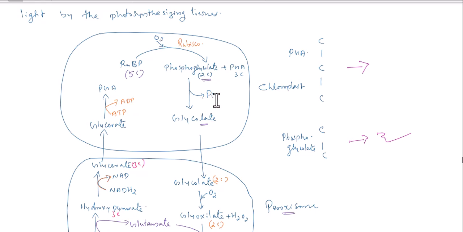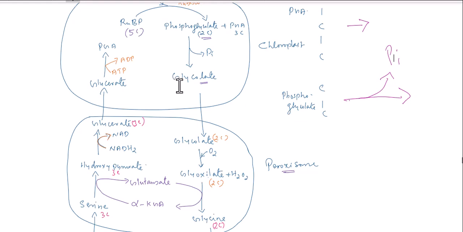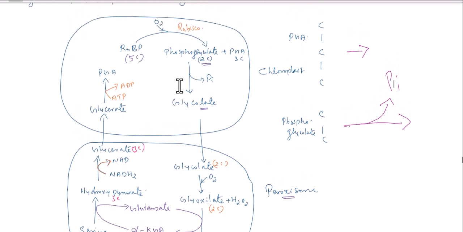In the next step, one phosphorus is removed from phosphoglycolate. As a result, a compound known as glycolate is produced in the chloroplast itself.